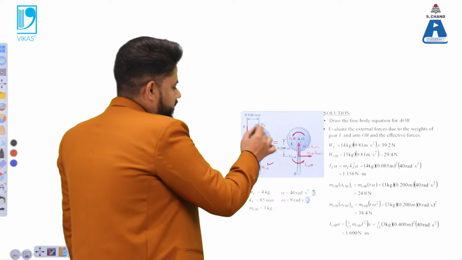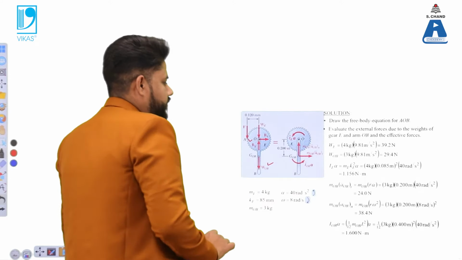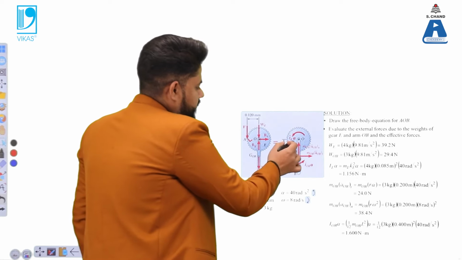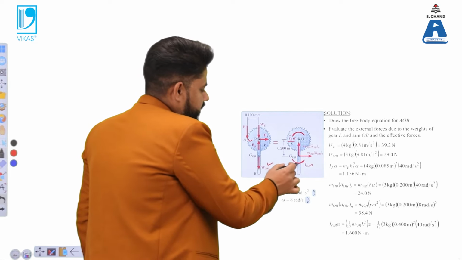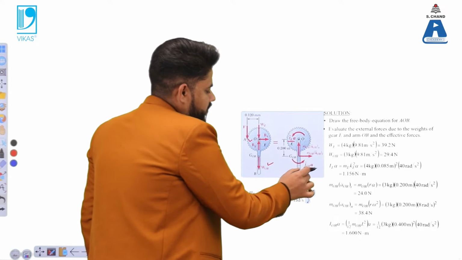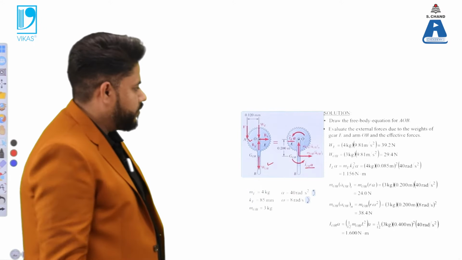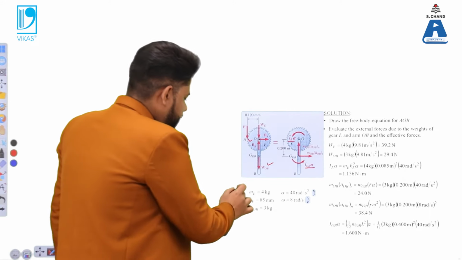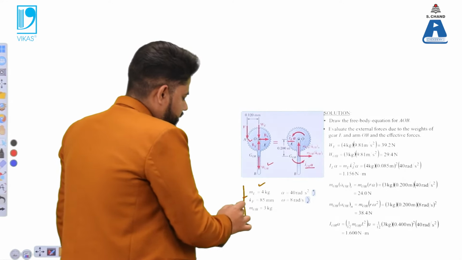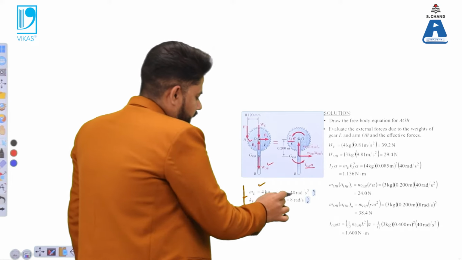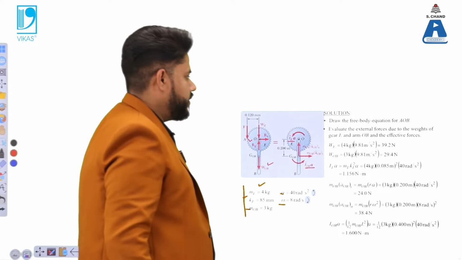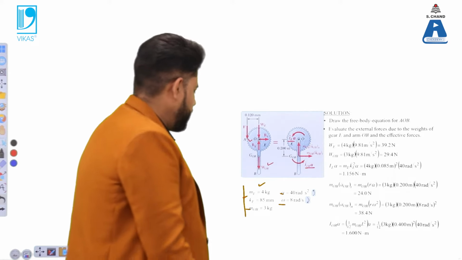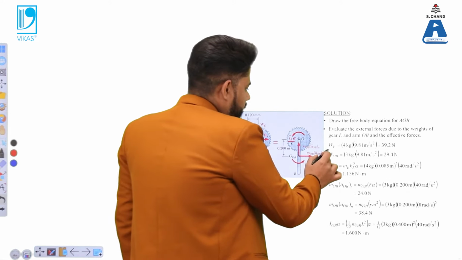WE is the weight of this particular gear, and there is a tangential force at a particular distance, equivalent to the inertial force components, and the inertia force into that acceleration component. You are given certain values like ME or the distance value, OB, and the angular acceleration and the velocity component.